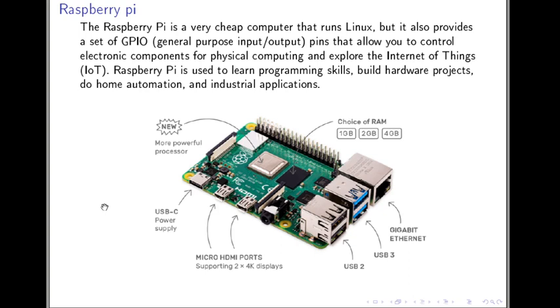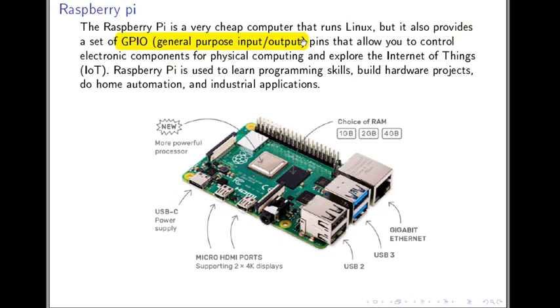So the Raspberry Pi is a very cheap computer that runs Linux, but it also provides a set of GPIO. What is GPIO? We already got its meaning in the previous lecture. That is general purpose input output pins that allow you to control electronic components from physical computing and explore the Internet of Things.